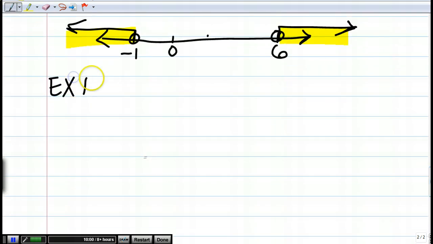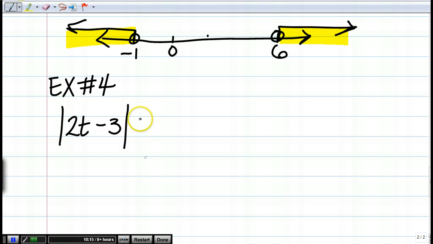Example number 4. Absolute value of 2t minus 3 plus 2, and we're going to make this equals 5.